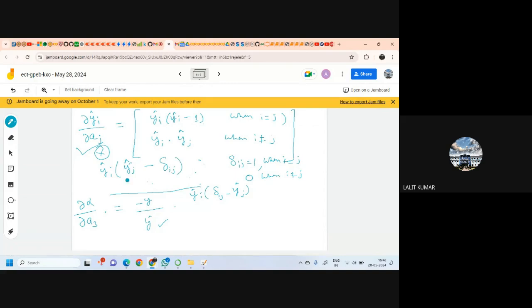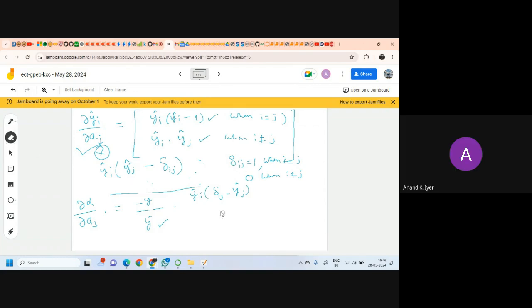And this ij is equal to 1 when i is equal to j, and it is 0 when i is not equal to j. For example, we can see the first condition, when i is equal to j, this will become 1, this will become yi hat, so this becomes the first equation. When it is not, it is 0, so then it becomes yi hat into yj hat, the second condition. So that's how it gets represented like this.